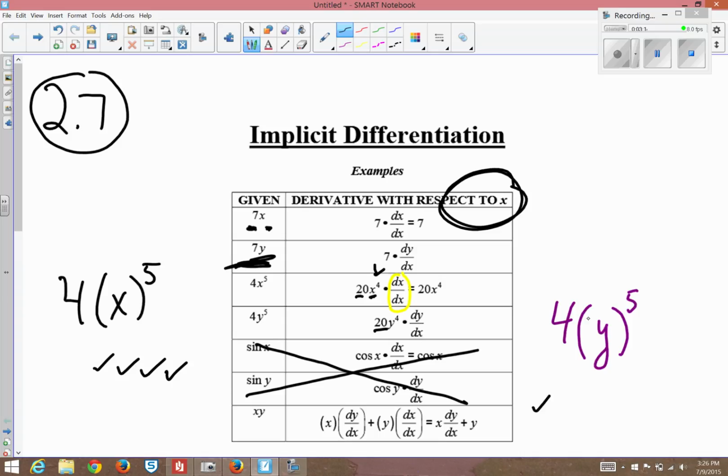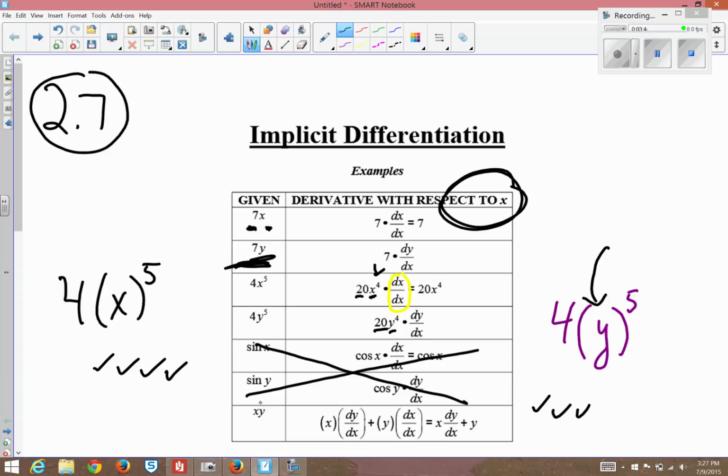Check. The y in the parentheses gets copied right there. Check. The 5 becomes a 4. There's the exponent. Check. And we always multiply at the end here by the derivative of whatever's in the parentheses. This dy/dx has to be there. In the example above, the dx over the dx can be left out, just because dx over dx equals 1.